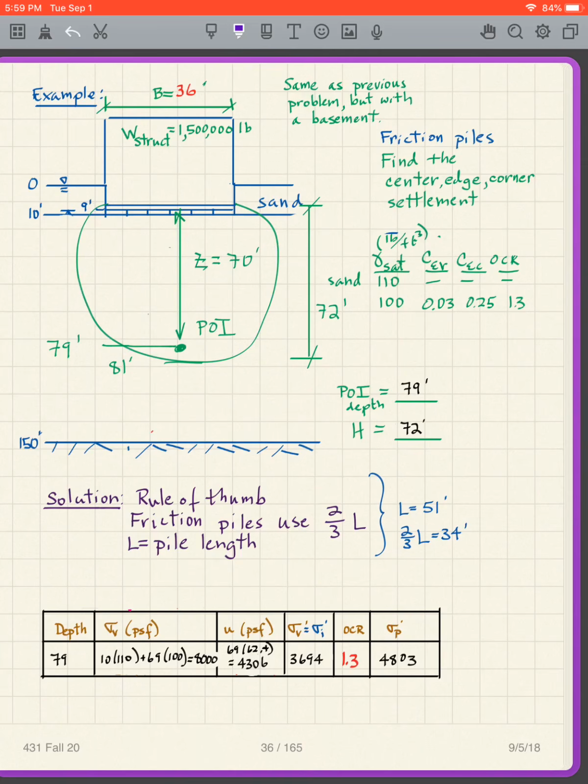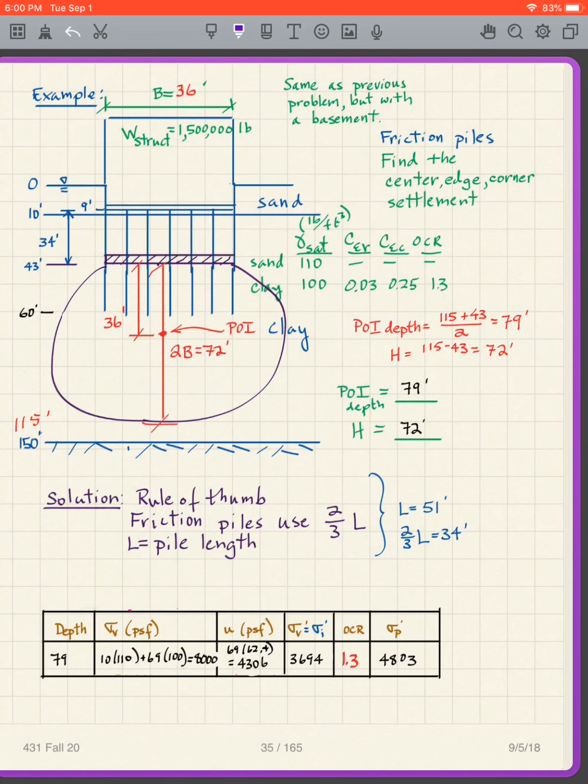Now what we're going to do is keep the point of interest the same. In other words, what we want to know, now that we've established the point of interest, is the effect of having the basement on that same point of interest. This is the way I want you to do the problem. We've created our point of interest there because that's where most of the changes in stress are happening.